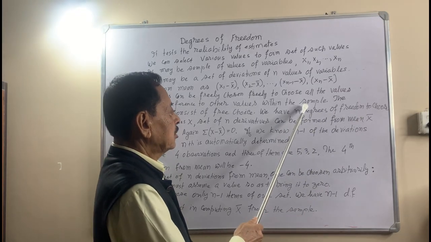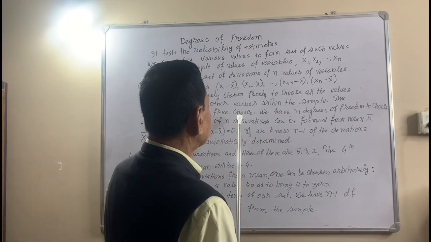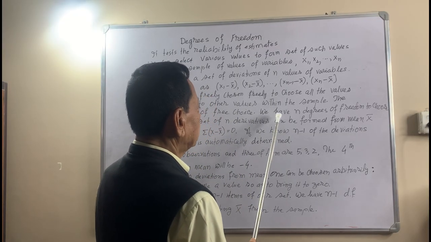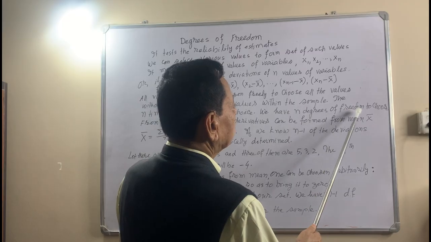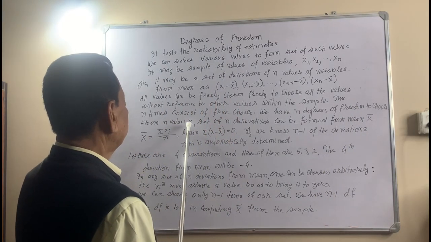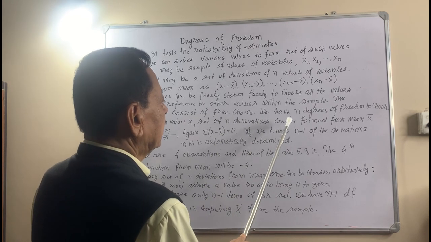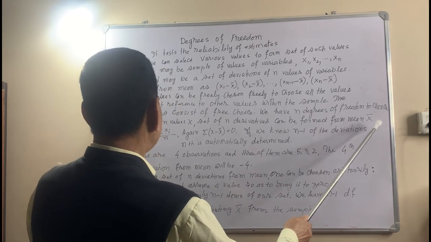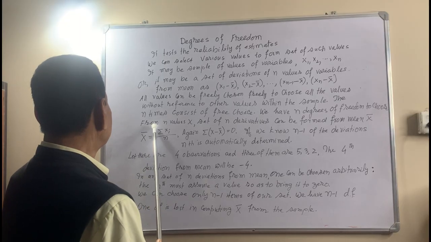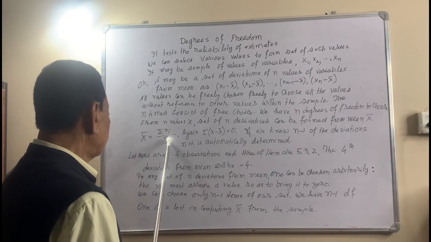So n observations are there. If we have no restrictions and can freely choose, then we say there are n degrees of freedom to choose. From n values of x, a set of n deviations can be formed from the mean. The mean x bar is equal to the summation of xi divided by n.